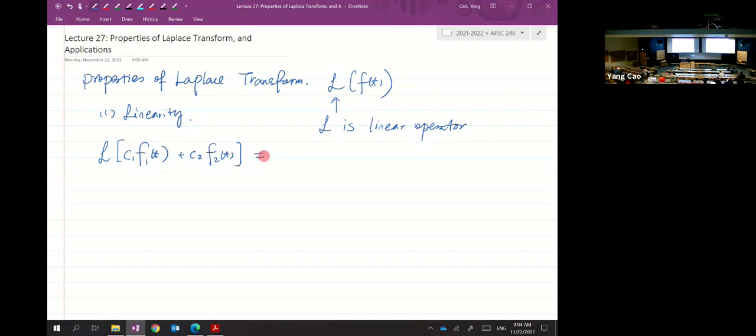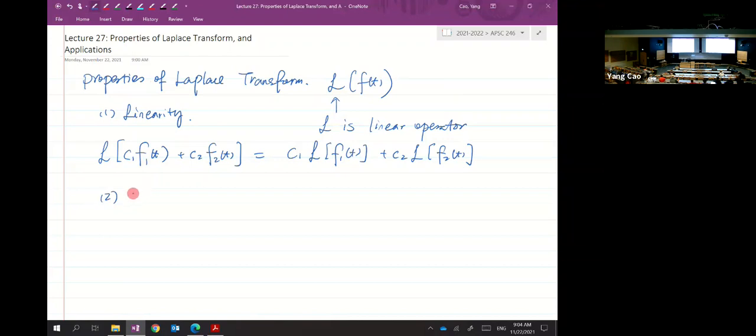If you operate this operator on a function c1 f1 plus c2 f2, then it's equivalent to c1 L f1 plus c2 L f2. So this is what a linear operator means. We have seen this quite a lot. Derivative is a linear operator, and integral is also a linear operator.